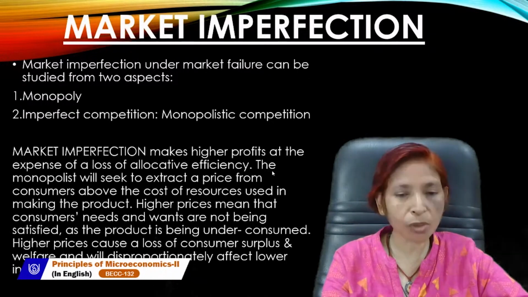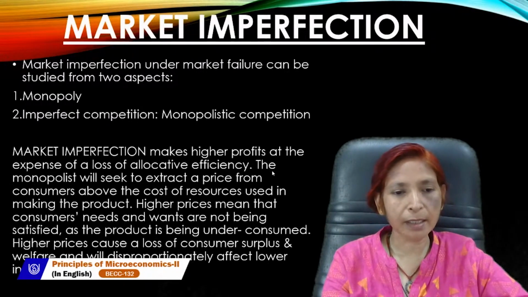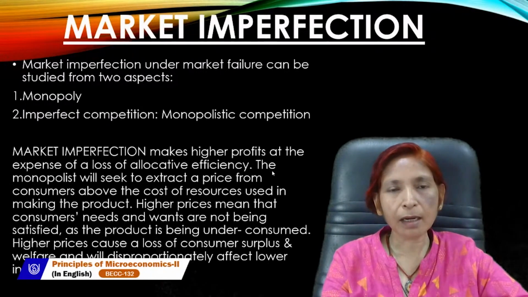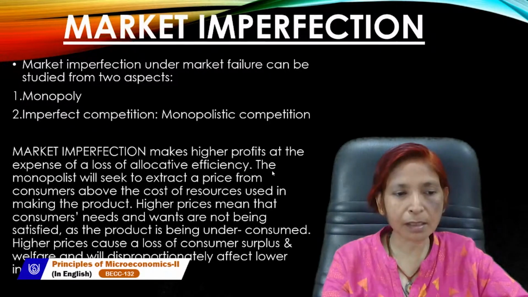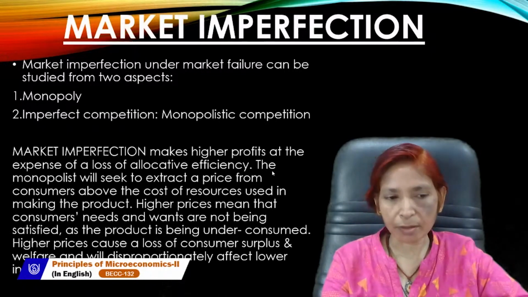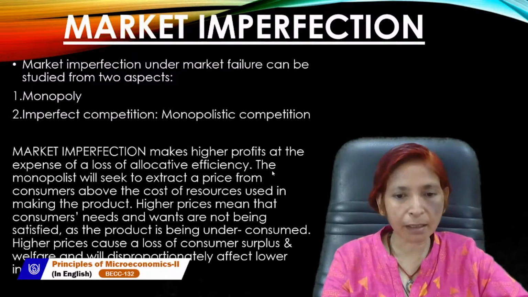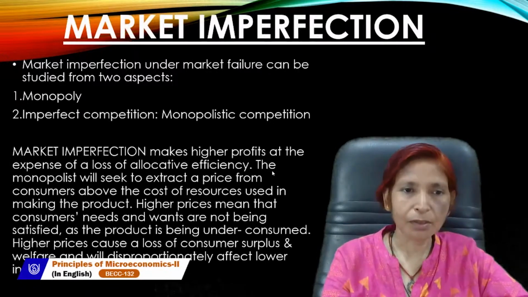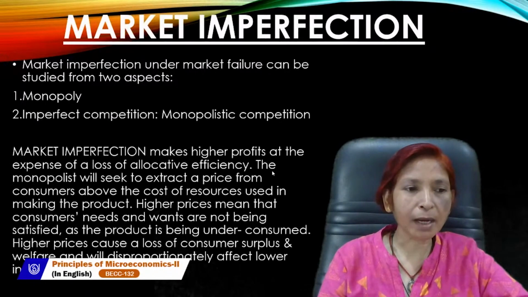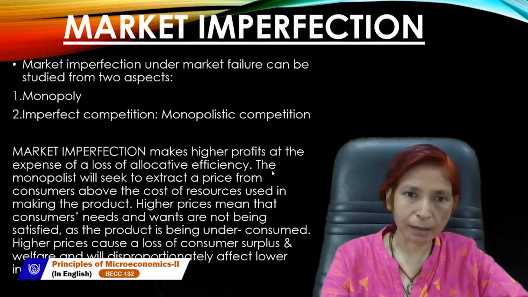Those consumers who can't pay that higher price will not be able to buy the product and can't satisfy their needs or requirements. Higher prices cause a loss of consumer surplus and welfare, and disproportionately affect lower income families. So market imperfection is the main cause of market failure.